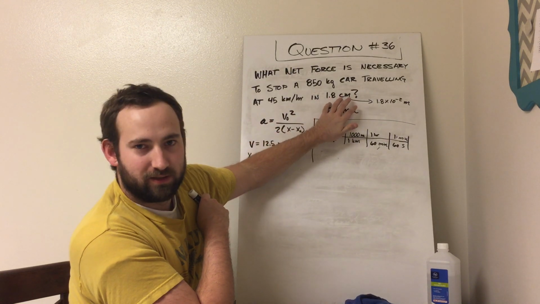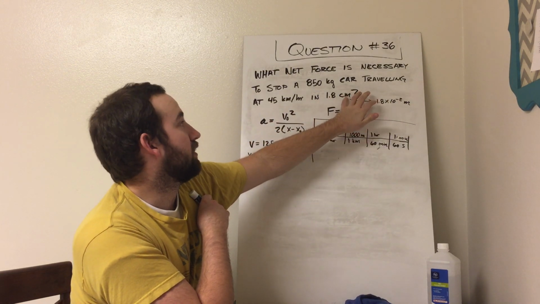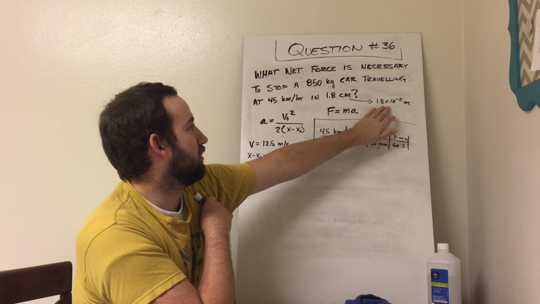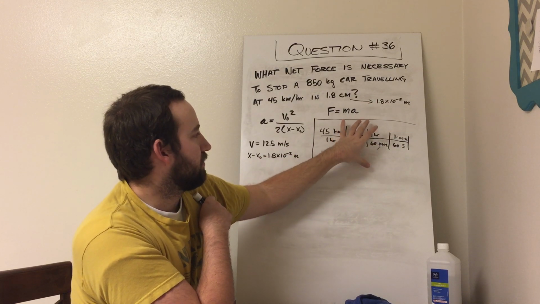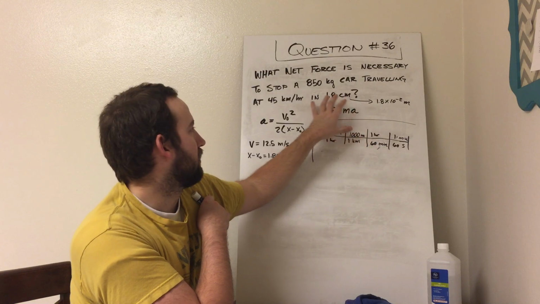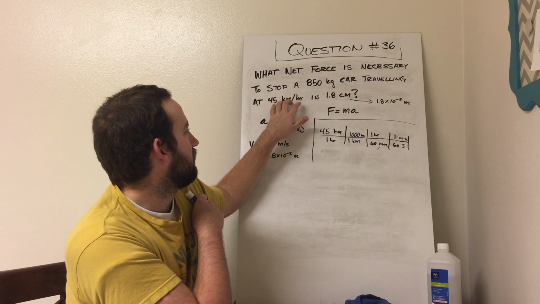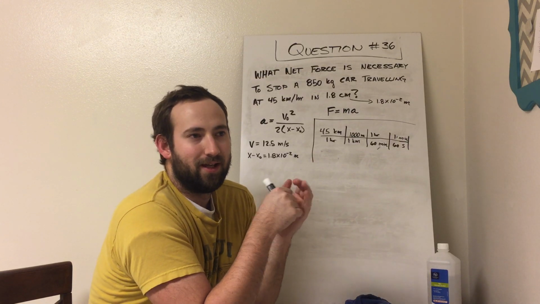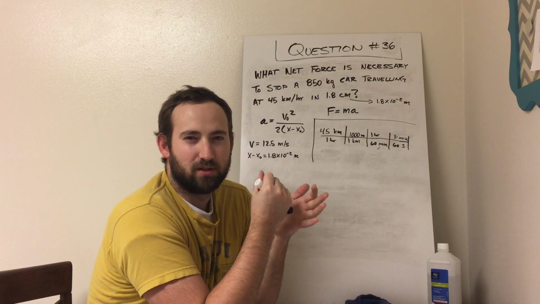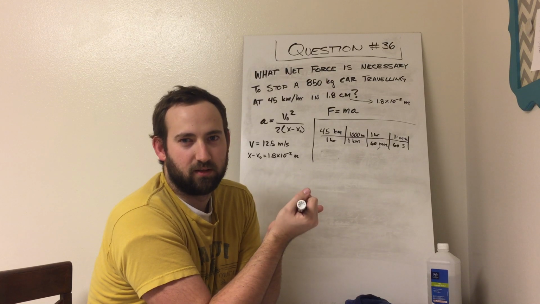First of all, the 1.8 centimeters, we need that to be in meters, so that equals 1.8 times 10 to the negative 2 meters. And then right here is some dimensional analysis because our velocity is given in kilometers per hour, and in order for it to be used in our equations, we need it to be in meters per second.